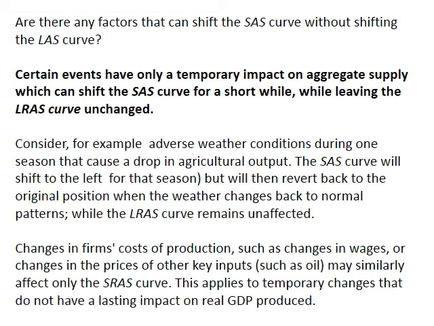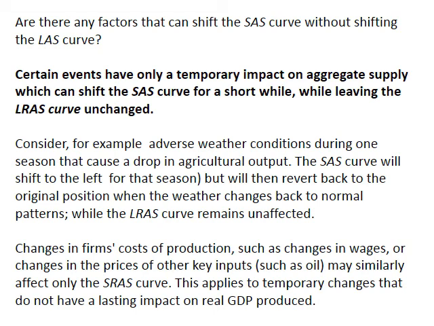Now, this is a bit tricky, it's not a trick question, but are there factors that can shift SAS without shifting LAS? SAS will shift if we have a change in input costs. If we can have a change in input costs without an increase or improvement in the factors of production or technology, then the SAS curve may shift and the LAS may not.